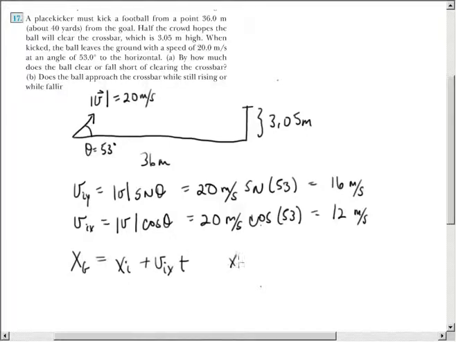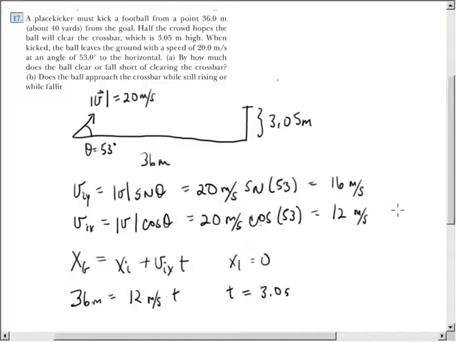Note that xi is equal to 0, and we know what Vix is and what xg is. So 36 meters will be equal to 12 meters per second times t, and so t will be equal to 3.0 seconds.